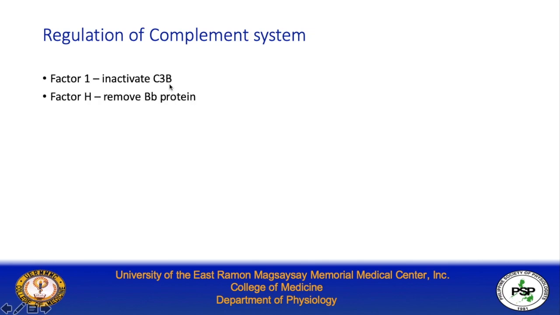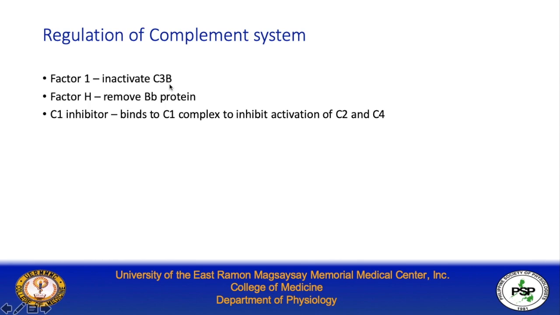You also have factor H, which works in the alternative pathway by removing the Bb protein, which would prevent the formation of your C3 convertase. And you also have the C1 inhibitor for the classical pathway, which would inhibit the activation of C2 and C4.